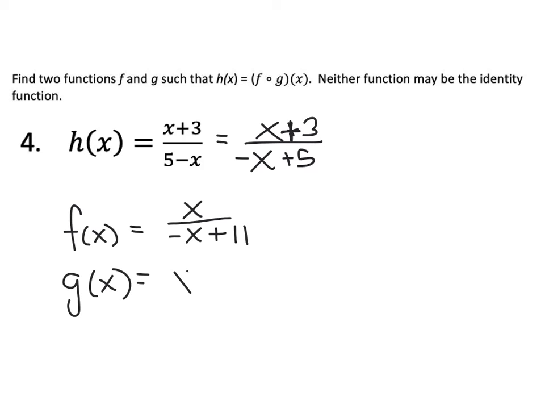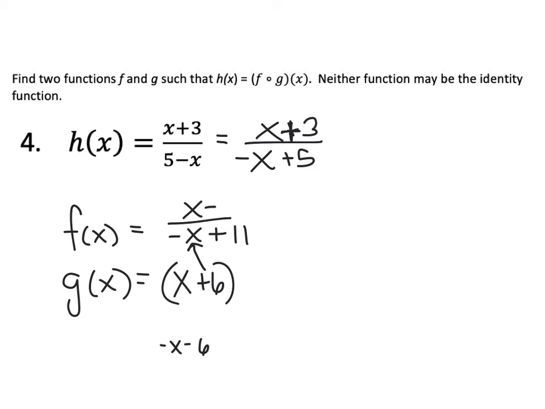If I made g of x be x plus 6, this is not going to quite do it, but if I plug that into the bottom, that would give me a negative x minus 6, and then plus 11 would give me the plus 5 in the denominator. But now I'm going to definitely need to adjust the numerator, because if I put x plus 6 in the top, I need that to be just plus 3.